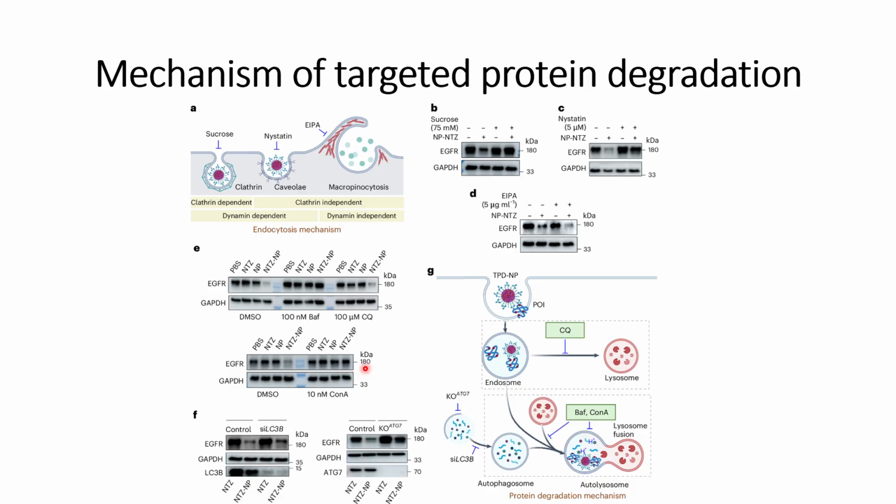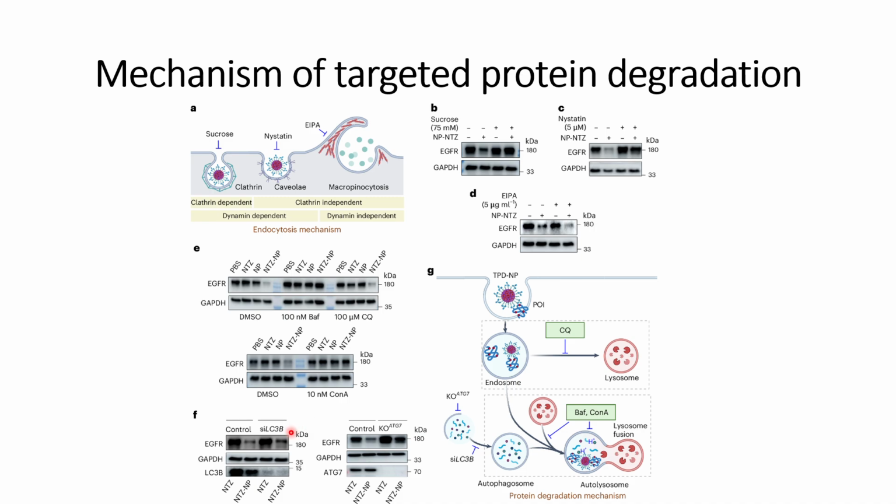Then they again confirmed these autolysosomes by knocking down the ATG7 gene and by silencing the LC3B gene. Both of these genes play a role in autolysosome formation.